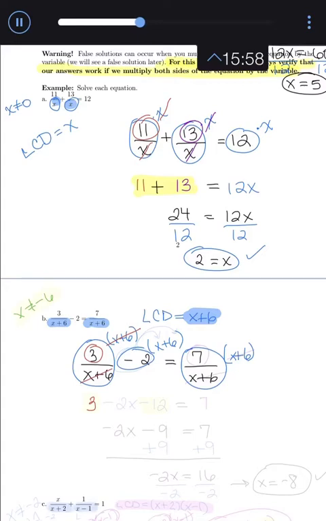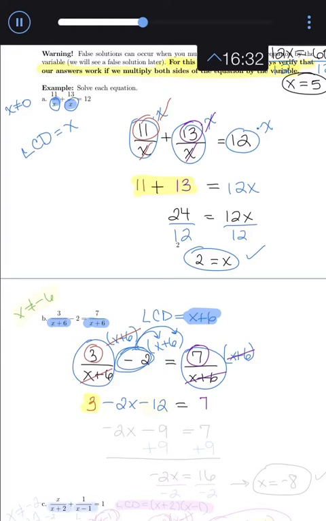On the second piece, we multiplied a negative 2 and the x plus 6, so there's nothing that cancels. We just need to distribute. That will give me a negative 2x minus 12, equals, on the other side, notice again, we multiplied by an x plus 6 and we had an x plus 6 on the bottom, so those will cancel, leaving you with just the 7 that was on top. Now, all of our fractions have magically cleared. We do have a couple like terms here, luckily.